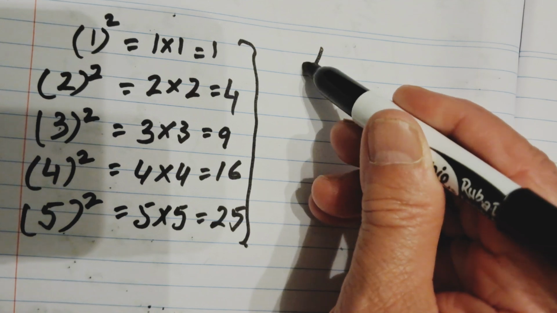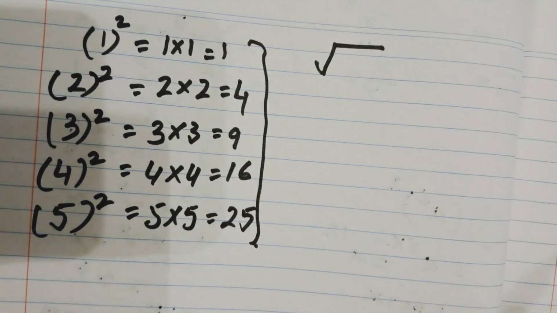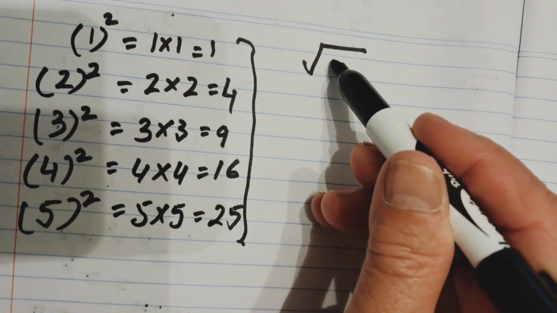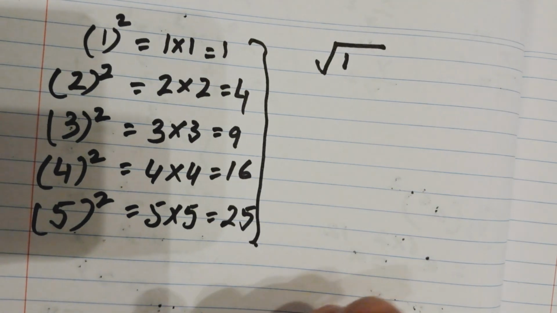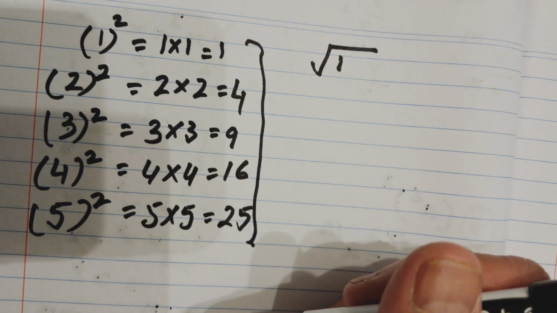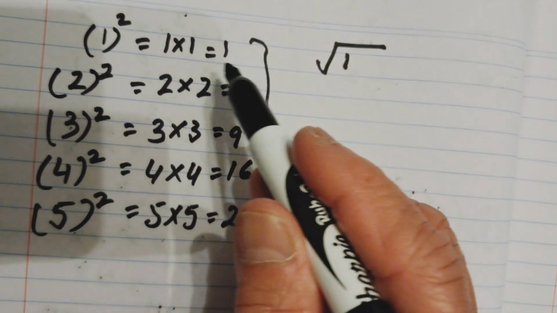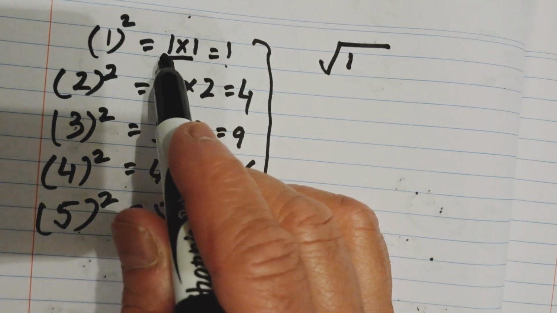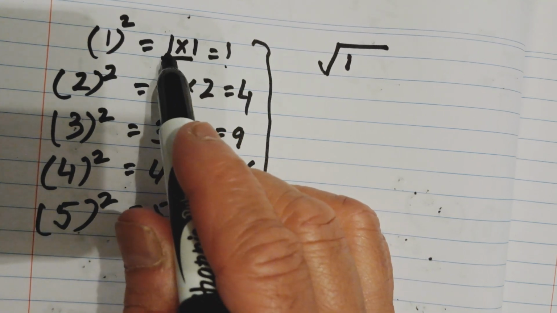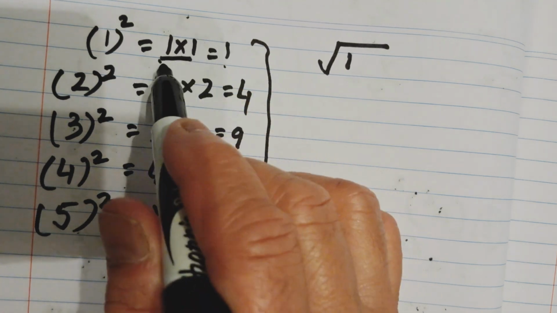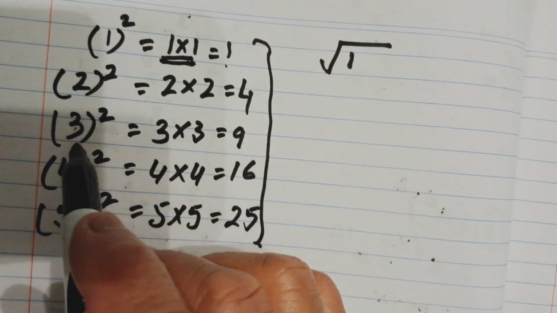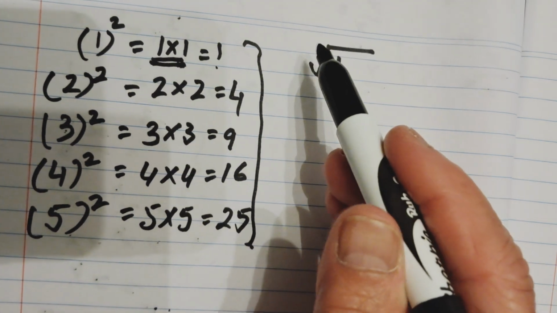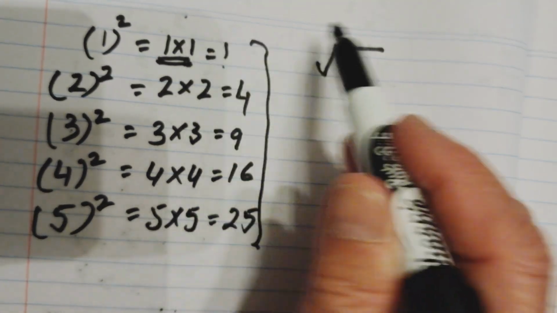This is the sign of the square root. So the square root of 1 is always 1, as in the square we multiply with the same number, so there is a pair of same numbers, and in the square root we have one number.